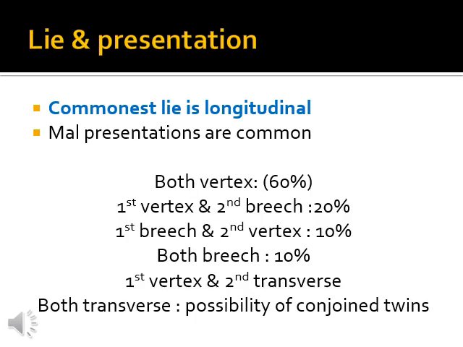Coming to the lie and presentation of the fetus in multiple pregnancy, the lie is commonly longitudinal, that is, both fetuses can be in a longitudinal lie, but malpresentations are also common.